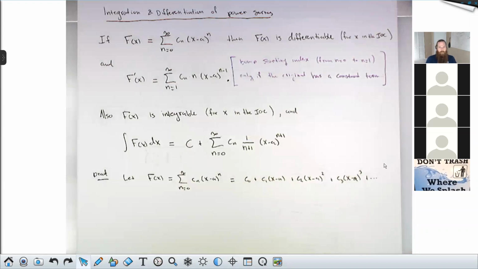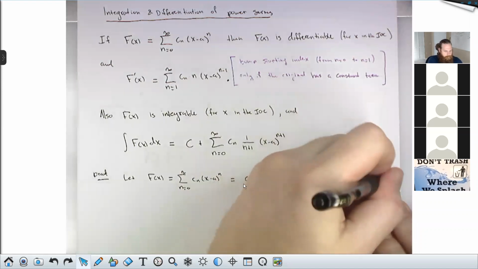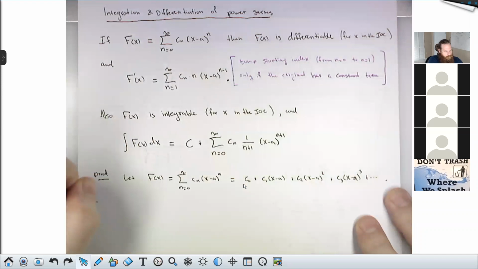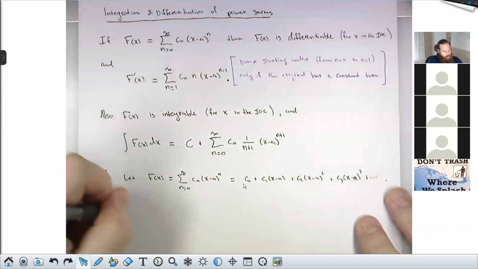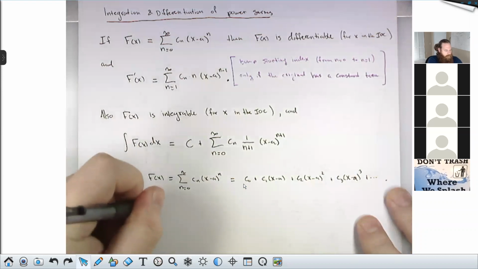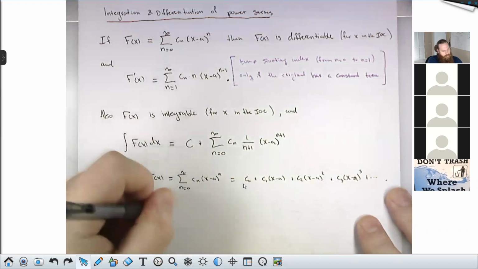So if you jump in and just differentiate this one term at a time, then f prime of x is what you get by applying the operator d/dx to this stuff.